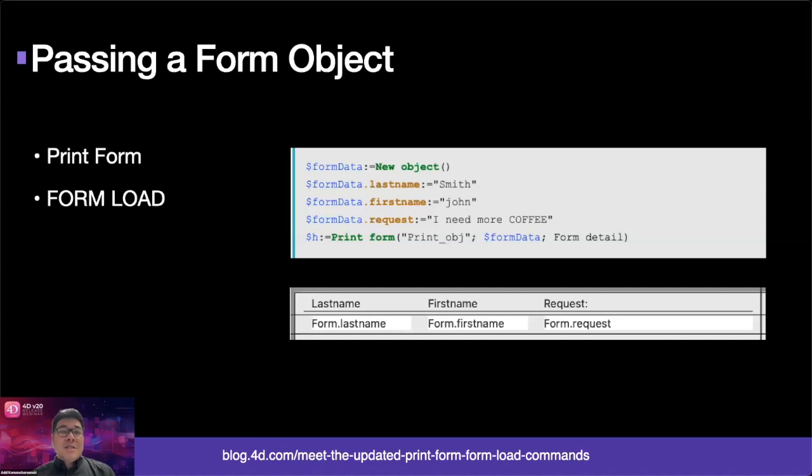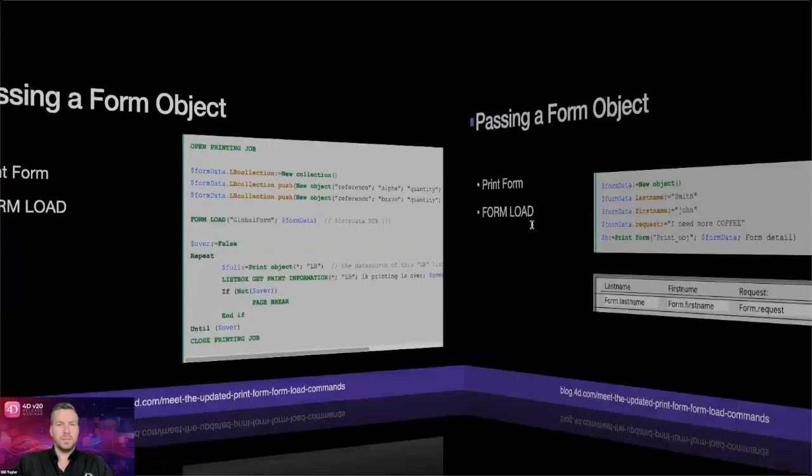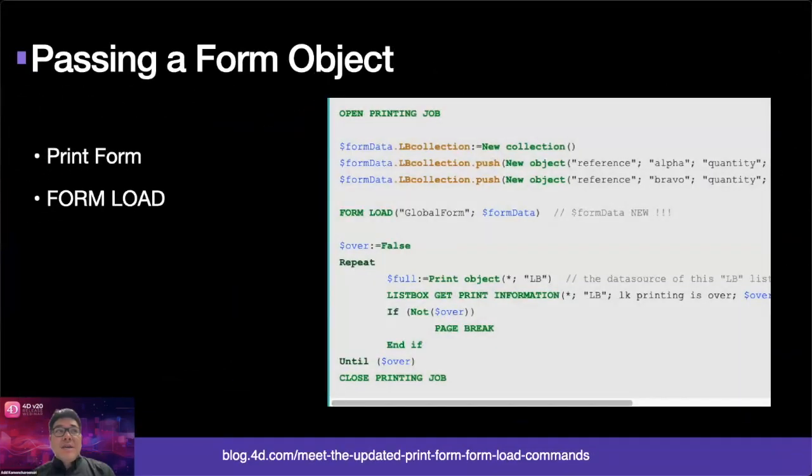Another example, if you go to the next slide, Will, is when you're doing a form load. Again, this is usually used when you're doing a print job, like through print object.